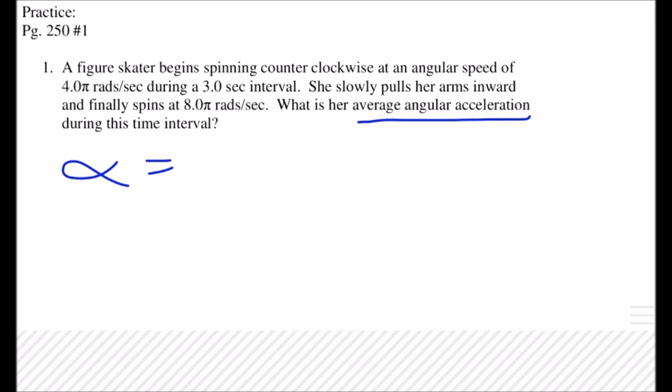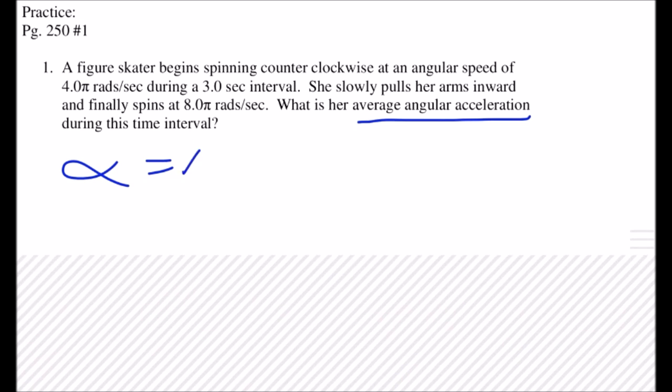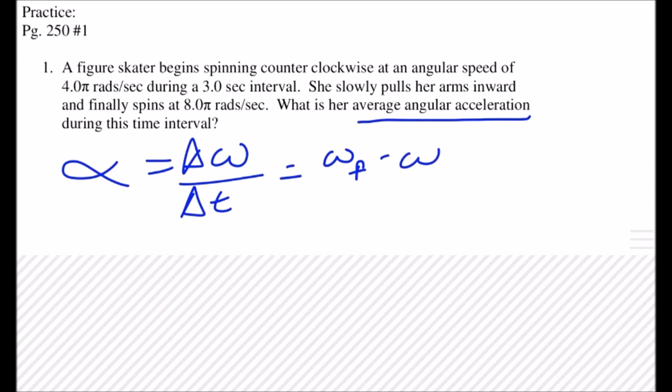So we're going to say alpha is equal to delta omega, right? What's delta mean? Change in. So what is that? The final minus the initial, okay? So we're going to write that down. Delta omega over delta t, which is equal to the final omega minus the initial omega over delta t.